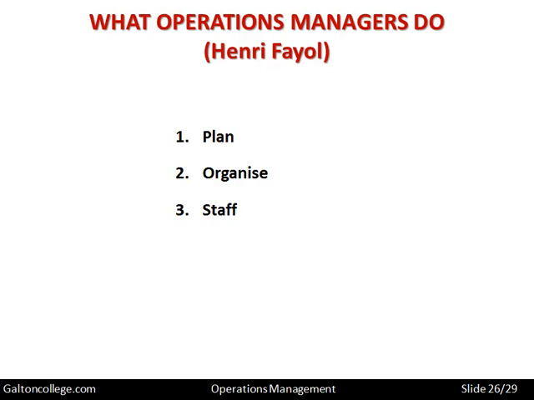So the staff are looked after. It's not just the organization of the machinery, it's the organization of the staff, and ensuring that the staff can cooperate with the machinery, with the capital, to produce the output, and the output is good quality and meets the expectations of the customer.